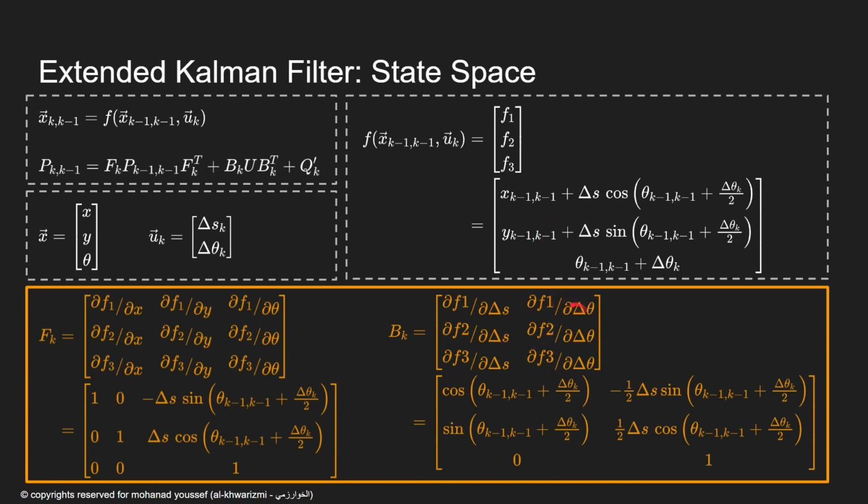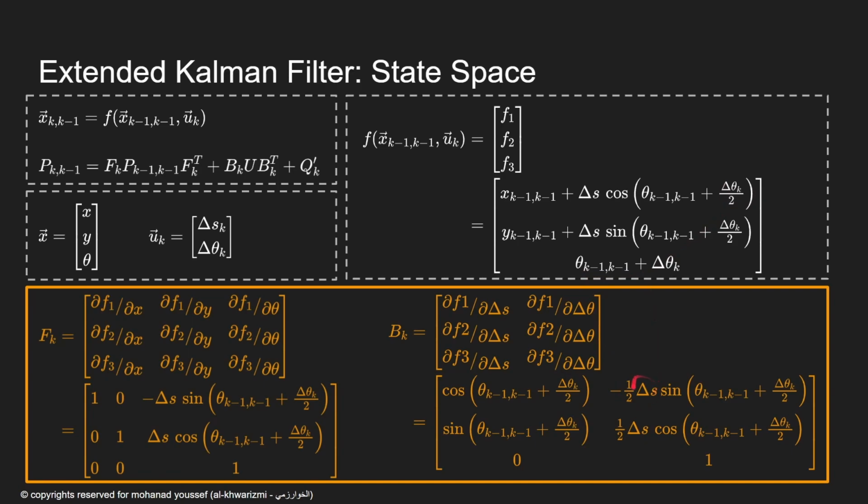The second element here in the first row will be the same equation, but the partial derivative with respect to delta theta. So it will be very similar to this one here, but this time instead of taking the derivative of this one, it will be the derivative of this one here. The derivative of this one is half, 1 over 2.